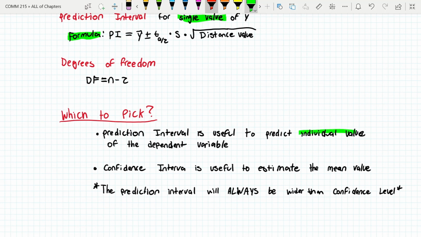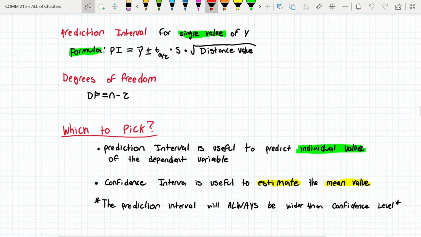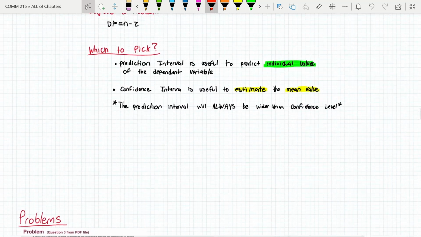And then the confidence interval is useful to estimate the mean value. So the prediction interval will always be wider than the confidence interval, so that's just something to keep in the back of your head while you're calculating either. And I believe that's it.